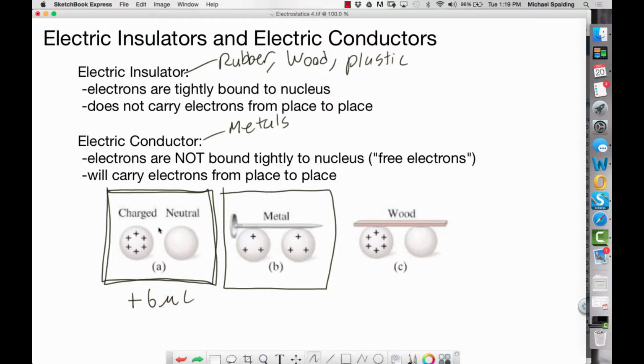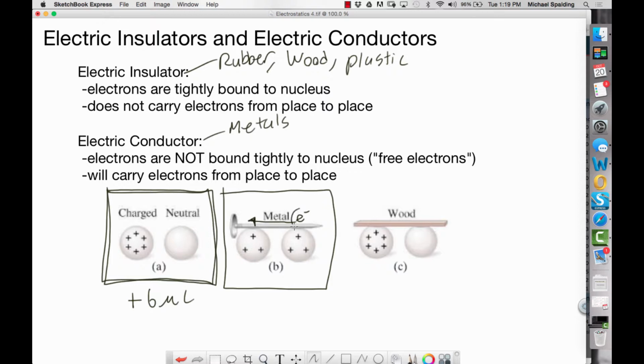From left to right or right to left? The electrons are going to be moving right to left, right? The negative charges in here are going to move to the left. They're going to be attracted to the positive.